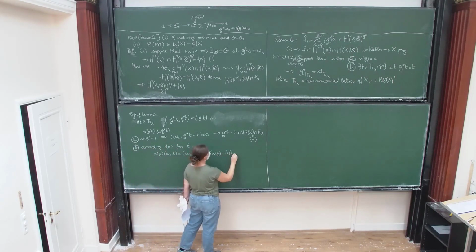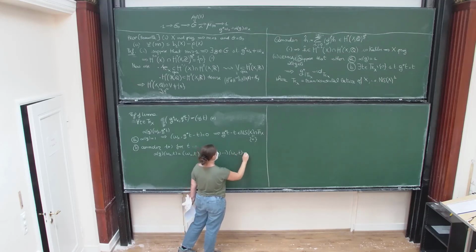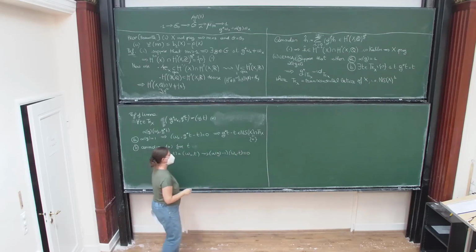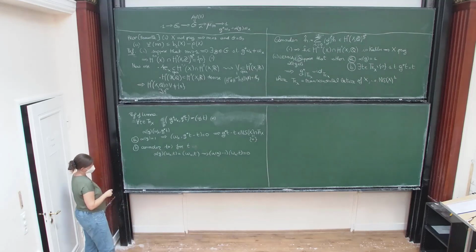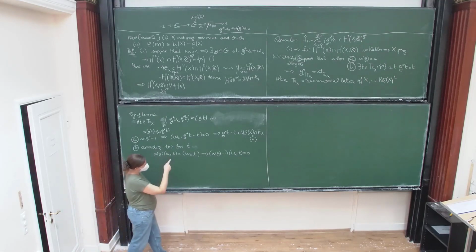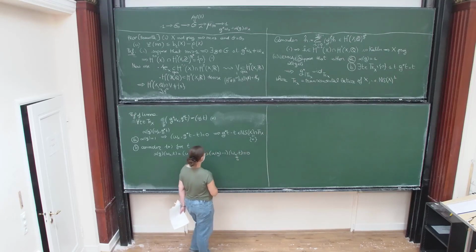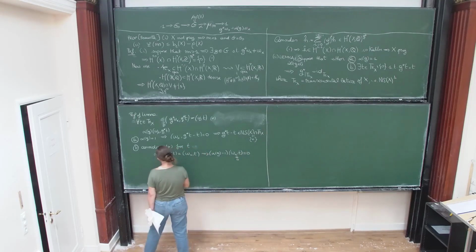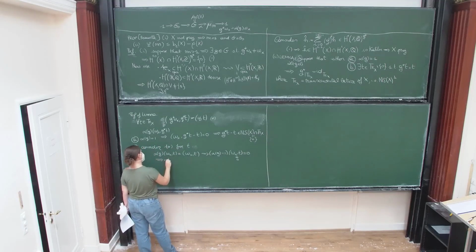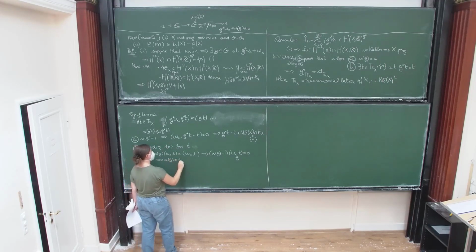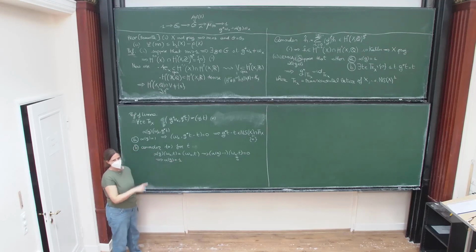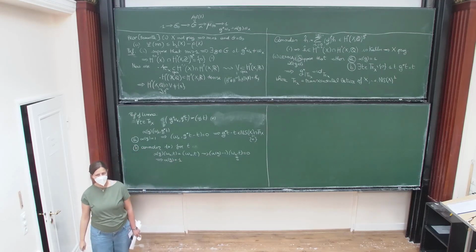Now, it's true that this is 0. This one is non-zero and transcendental, so this one cannot be 0 for the same reason. So it is different from 0, hence alpha G has to be 1.